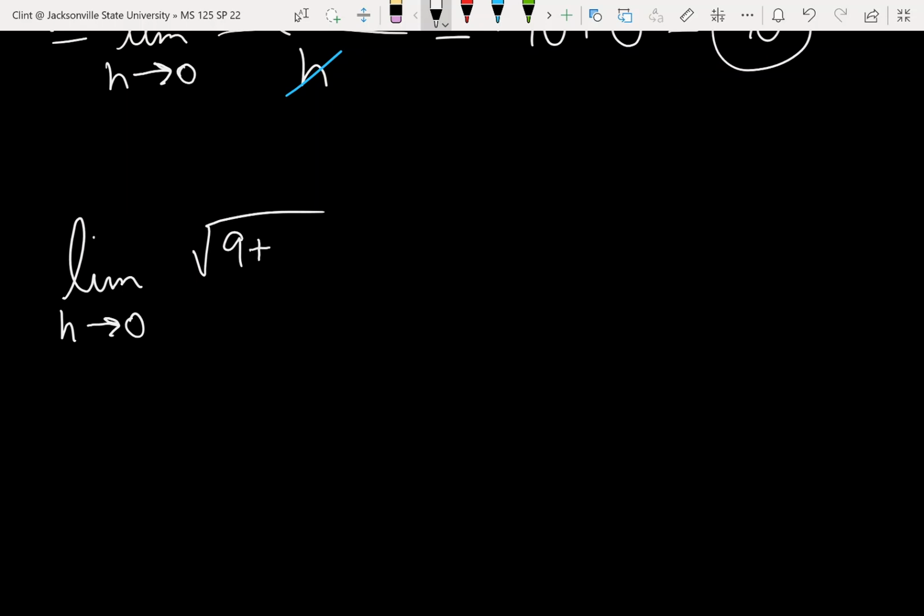We've got the square root of 9 plus h. This one also does it. A little tricky.